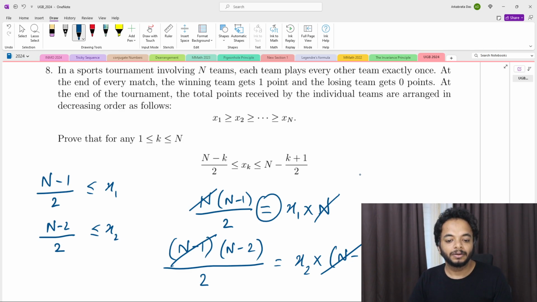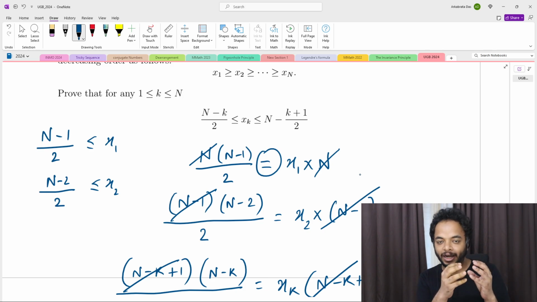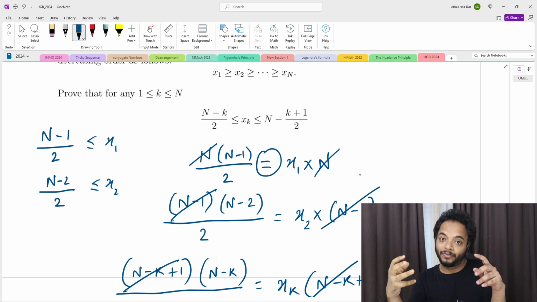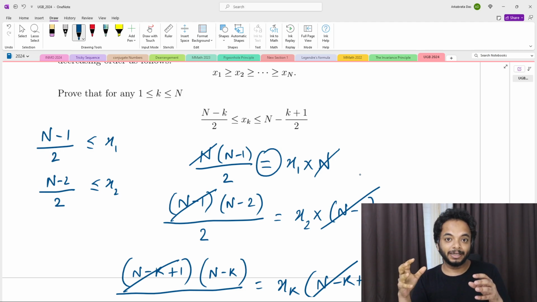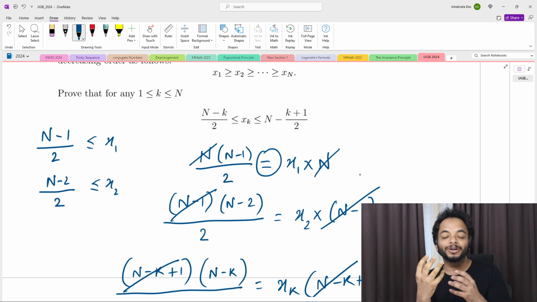Let's take that for team 1 it's x1, for team 2 it's x2, and so on. For team 1, I want to calculate their maximum number of wins, so they can win all the games. That is a possibility. So now I will concentrate on the number of losses, which should be minimized for those teams.